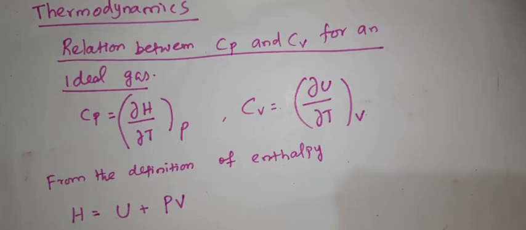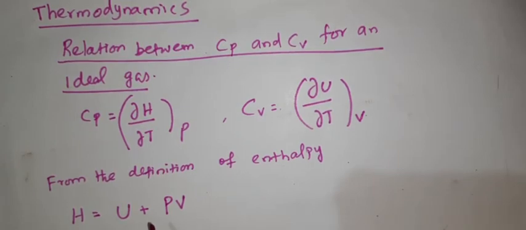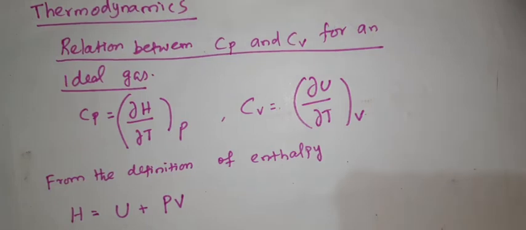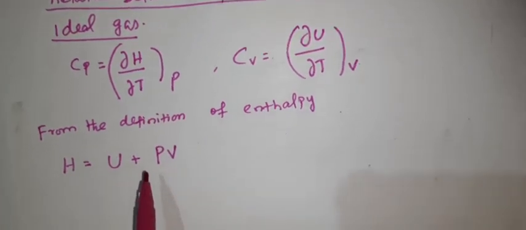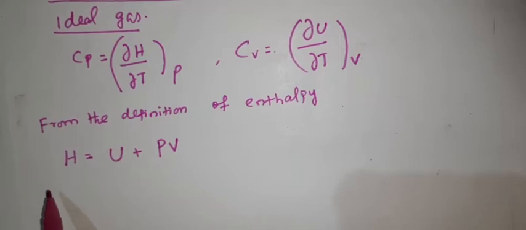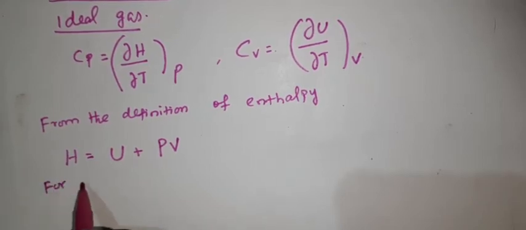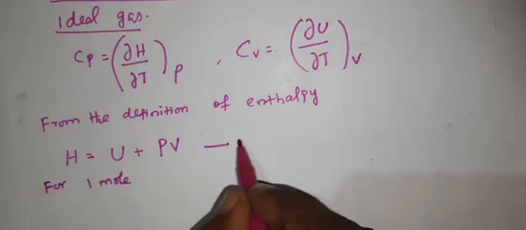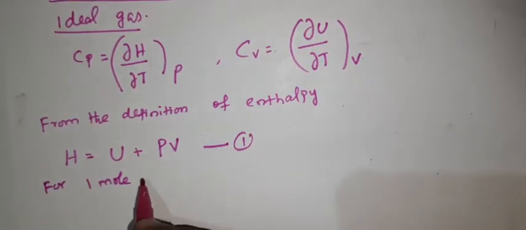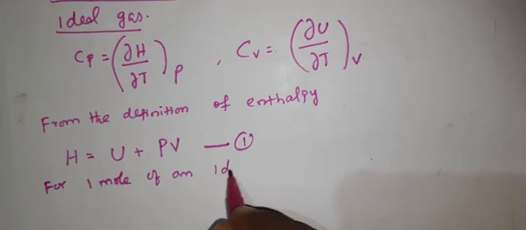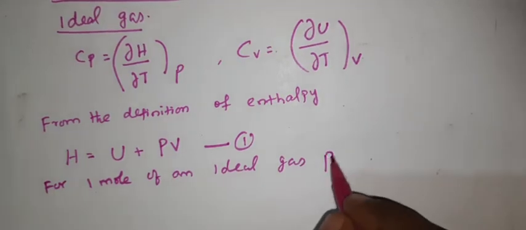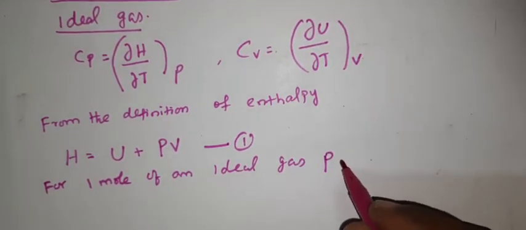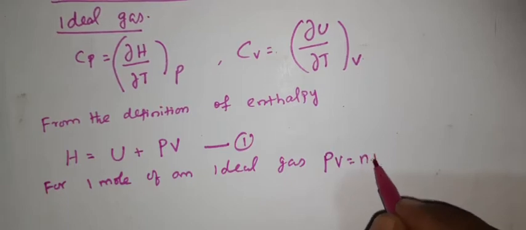U, as usual, is internal energy, P is pressure, and V is volume. This is equation 1. Now, for 1 mole of an ideal gas, we know from the gaseous state topic that PV is equal to nRT.